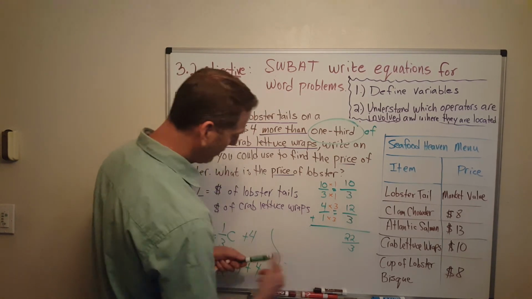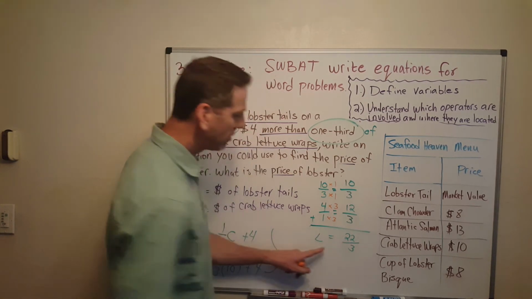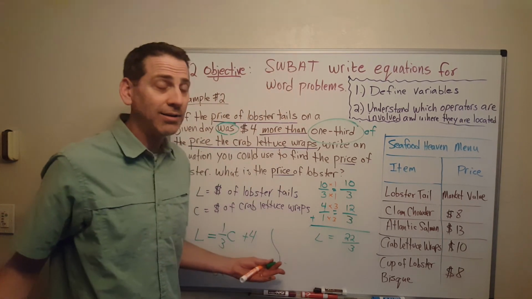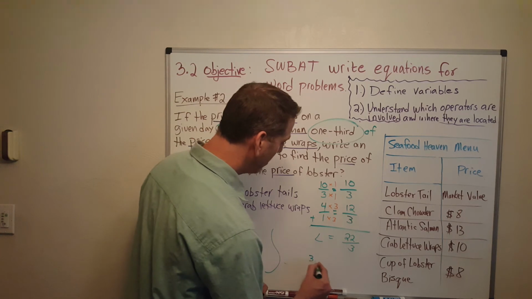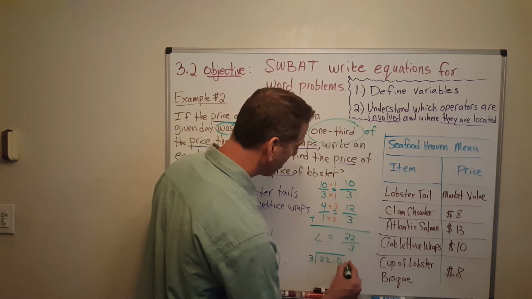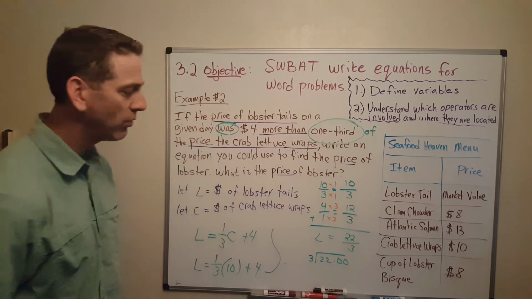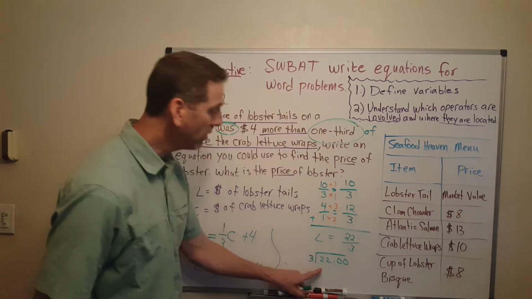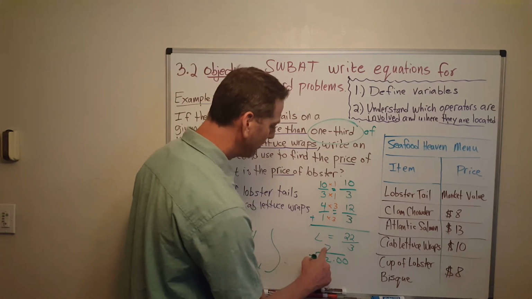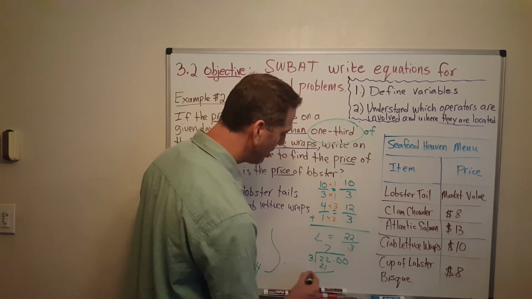The lobster tails are 22 over $3. So I'm just going to simply divide. Okay, so 3 goes into 22. I'm going to put a couple of decimals out there. 22.00. 3 goes into 22, let's see, 7 times. Because 7 times 3 is 21.